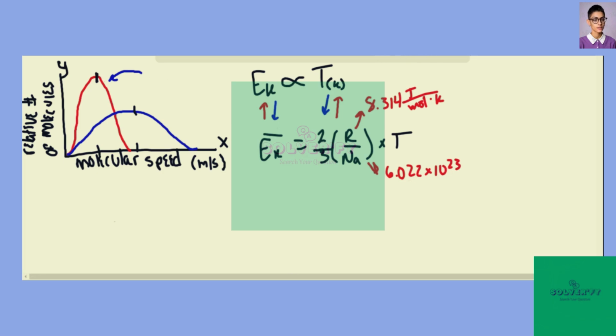So looking at this, we've got essentially one big constant right here: two-thirds, a constant, multiplied by R, a constant, divided by Na, a constant, all a constant. So we know that Ek is really only influenced by our temperature. Ek and temperature are directly related by this logic. Constant times a high temperature gives us a higher kinetic energy.